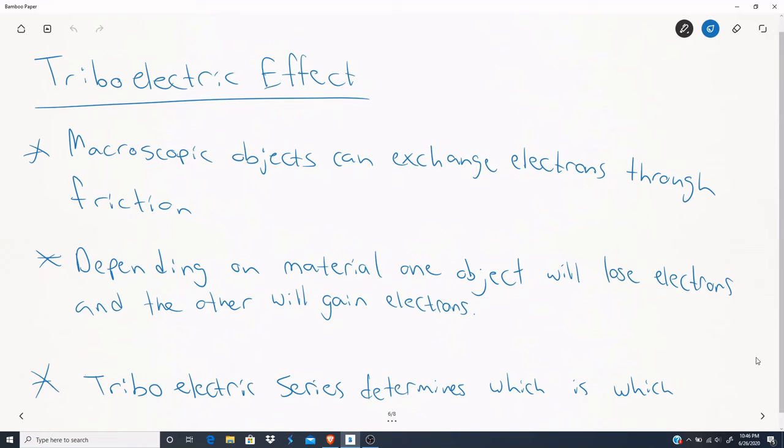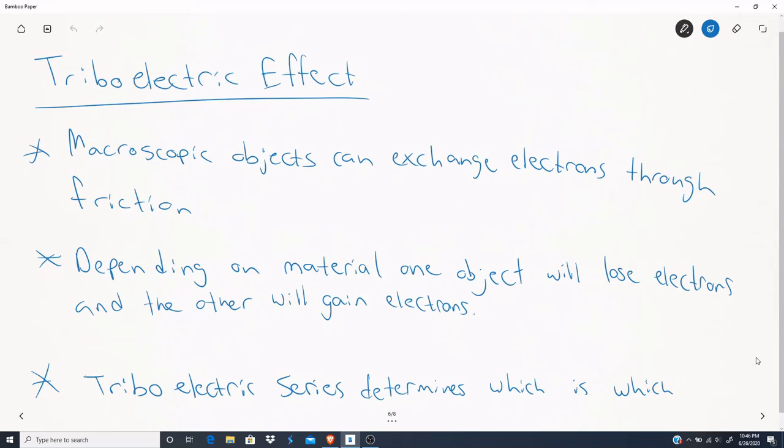Okay, so a positively charged object that's macroscopic, like person-sized, will have a deficit of electrons. It'll have fewer electrons than it needs to be neutral. And a negatively charged object will have more electrons than it needs to neutralize its protons, and so it will have a little bit of excess negative charge.